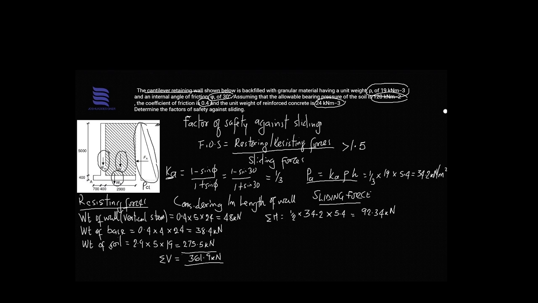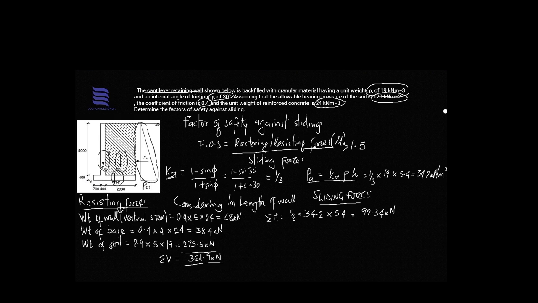Right, now there is something you need to note right here before you continue. Your frictional force needs to come in. Your coefficient of friction actually is to be applied to the resisting forces or to the vertical forces, right? So we multiply these by our coefficient of friction.